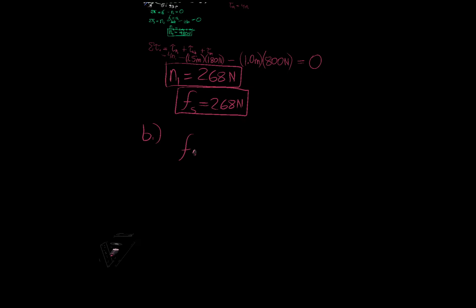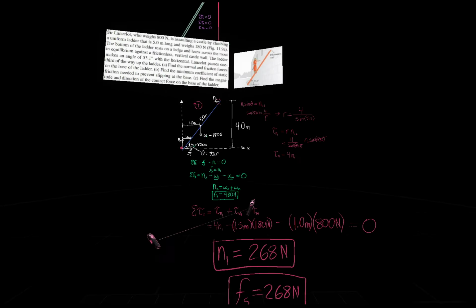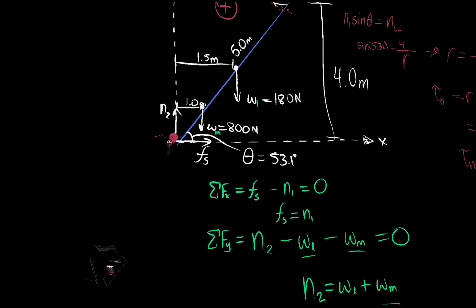Static friction is less than or equal to mu sub s times the normal force. And in this case, it's N2. This one, right? It's the normal force of the ladder on the ground.